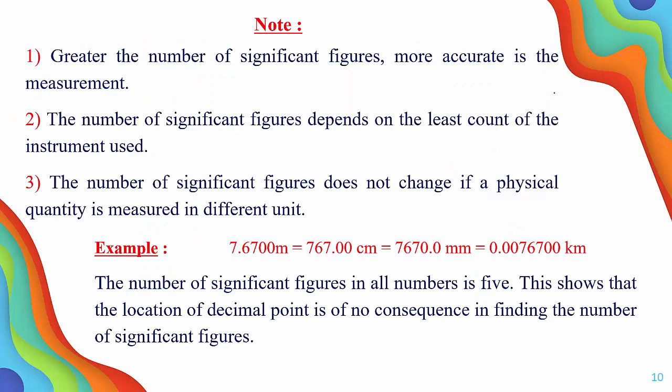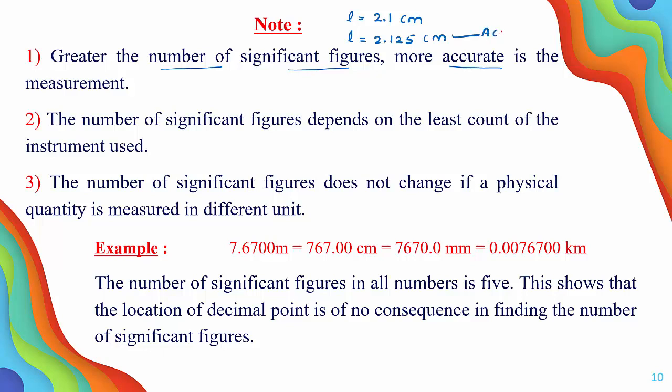Now observe some important notes related to the arithmetic operations. The first point: greater the number of significant figures, more accurate is the measurement. Suppose I am going to measure the length of a rod. Let us take it as 2.1 centimeter. I measure the same rod again and write the measurement value as 2.125 centimeter. Now which is more accurate here?